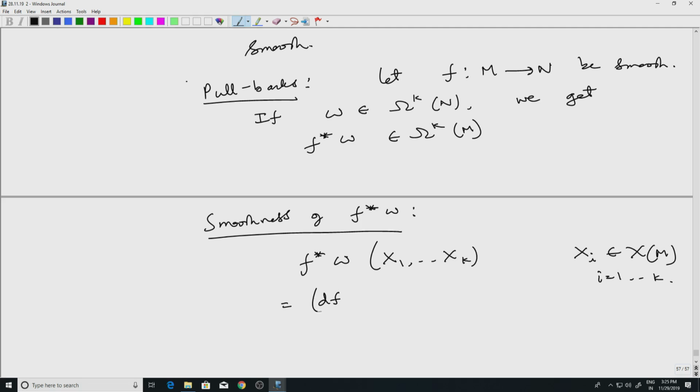It is (F star omega) acting on X_1, ..., X_K, and by definition this is supposed to be omega acting on dF X_1, ..., dF X_K.